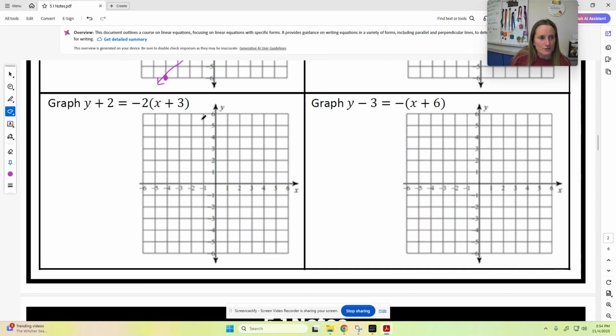So for this first one, I know that my slope is -2. The slope is always the number in front of the parentheses there with the x plus or minus a value. And I do want to remember that because the equation is y minus the y value and x minus the x value, I do have to kind of flip the signs.